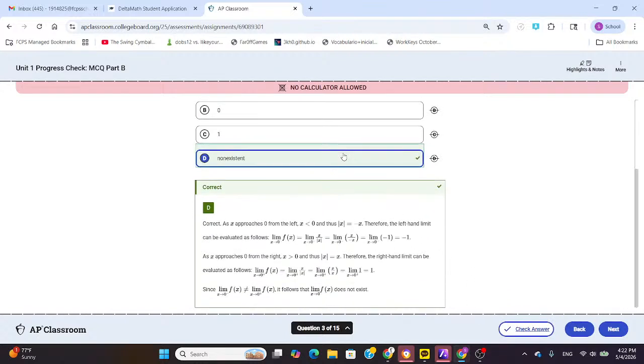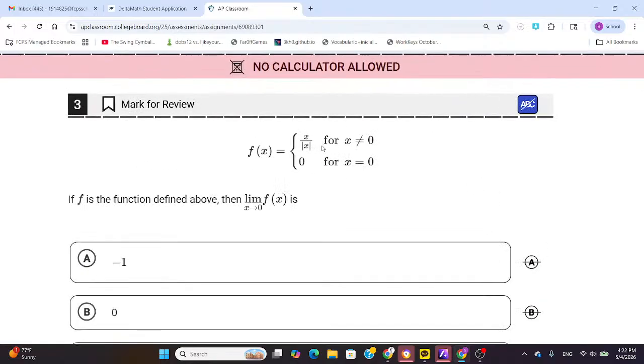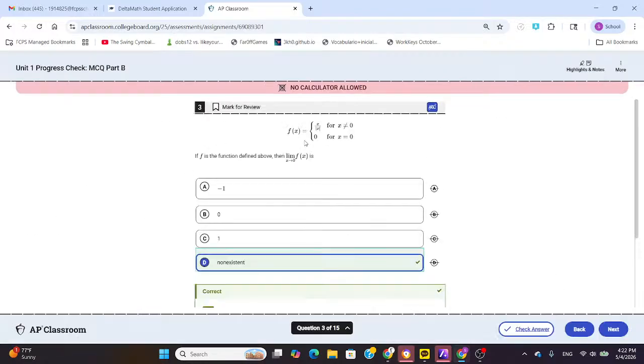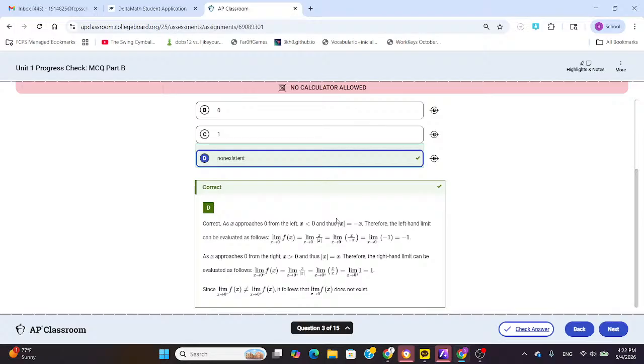Yeah, because look, let me read the explanation for a sec. I know it's D, but I don't really know how to explain it. As x approaches 0 from the left, x is less than 0. Therefore the left-hand limit is the limit as x approaches 0 from the left of x over the absolute value of x, and you get negative 1.